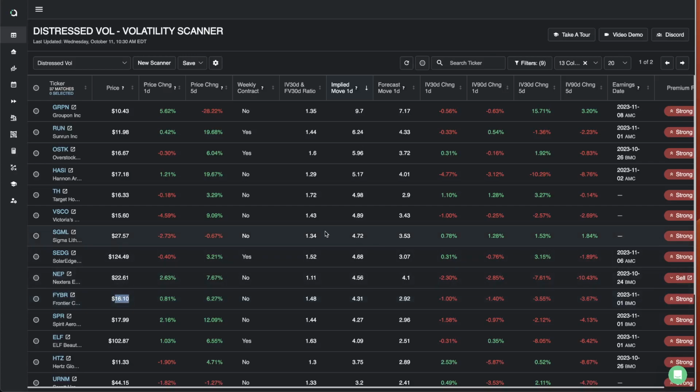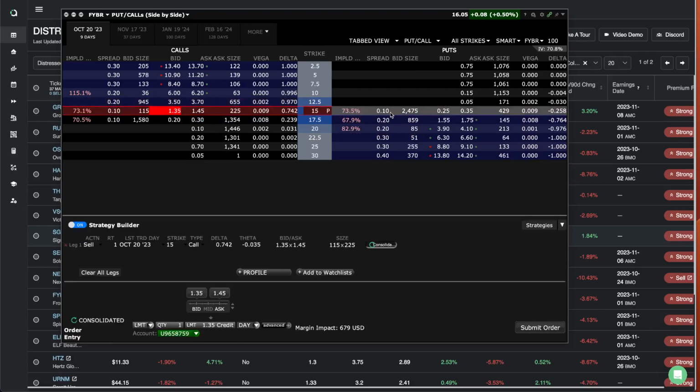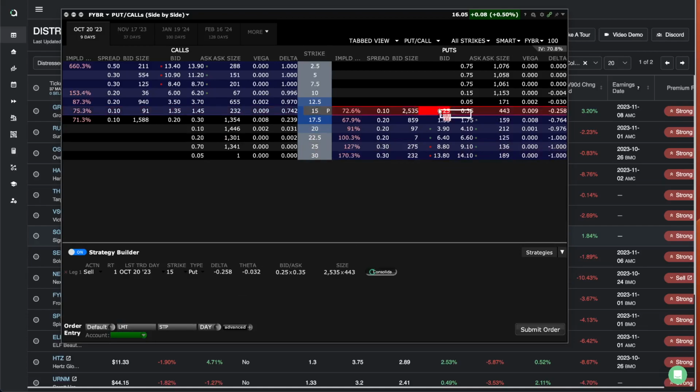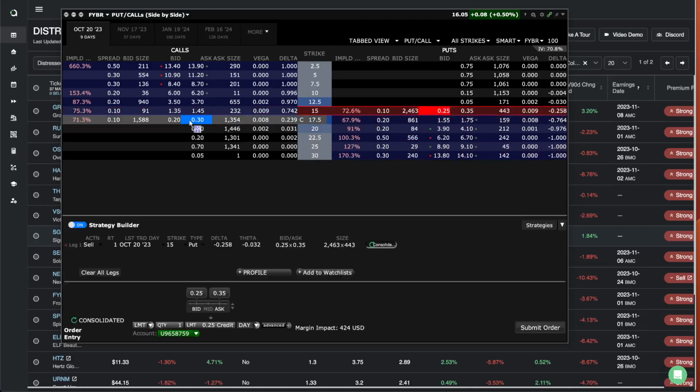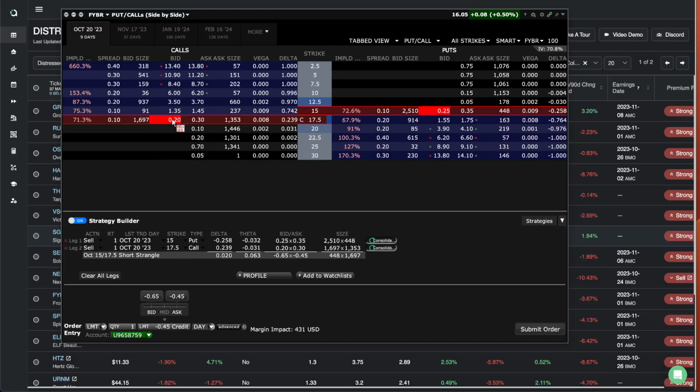I'll probably be placing a strangle for this one, just to give myself a bit wider break evens, especially since it's the 15 strike and the 17.50 strike, and we're trading at $16 right now. So what I'll be doing here is selling the 15 put, right? And the 17.5 call, getting a 45-cent credit for it.